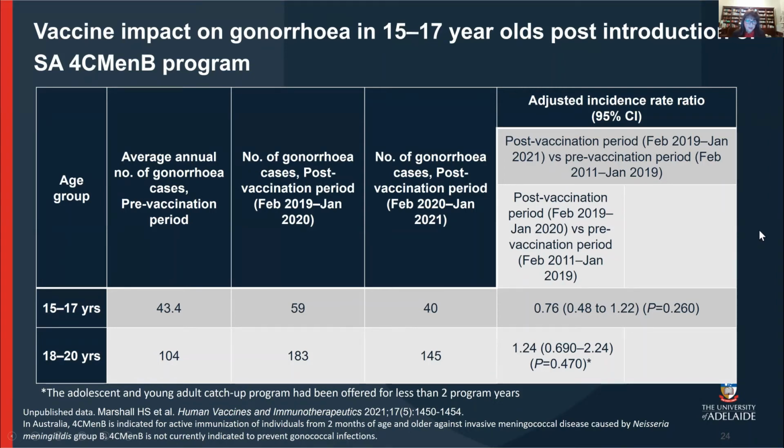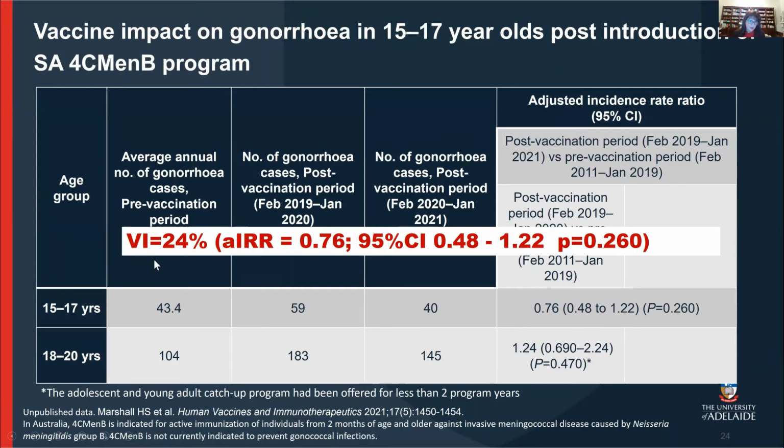So we measured the impact of 4CMenB on gonorrhea. And you'll see here in this age group, 15 to 17 years, where the coverage was high compared to the older age groups where coverage was quite low, we did see a reduction in the post-vaccination period compared to the pre-vaccination period, with a 24% reduction in gonorrhea in that younger age group.